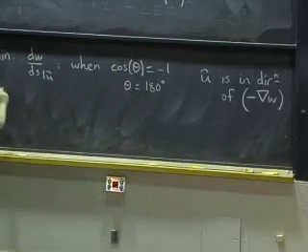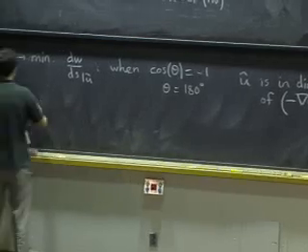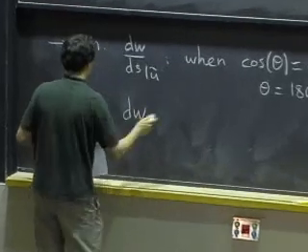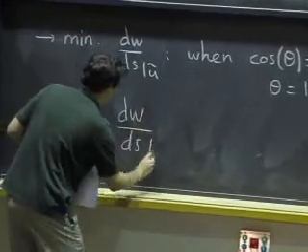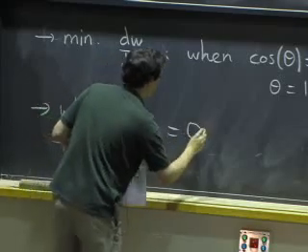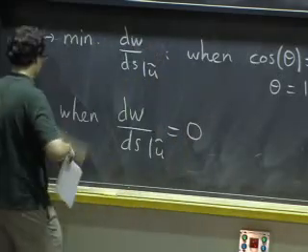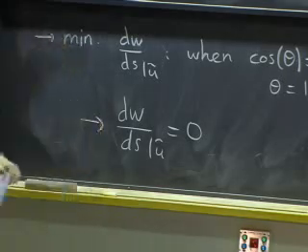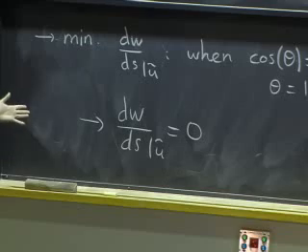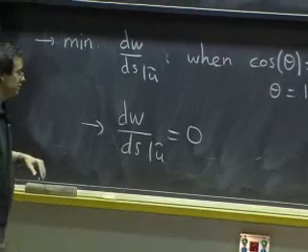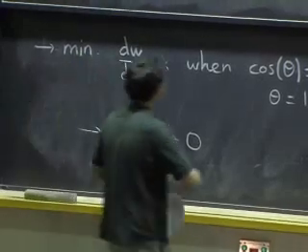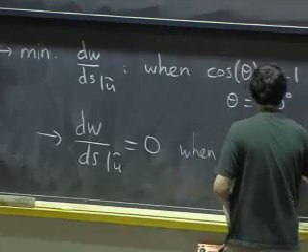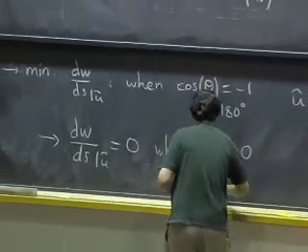And finally, when do we have dw/ds equals 0? So in which direction does the function not change? Well, we have two answers to that. One is to just use that formula. So that's when cosine theta equals 0. That means theta equals 90 degrees.